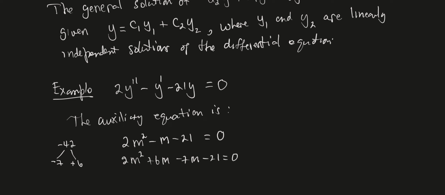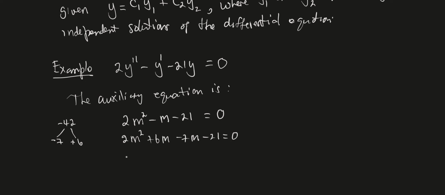And then we can factor by grouping. I'm going to group the 2m squared plus 6m, and then group the negative 7m minus 21, equal to 0. Factor out a 2m out of the first pair. That gives me m plus 3.